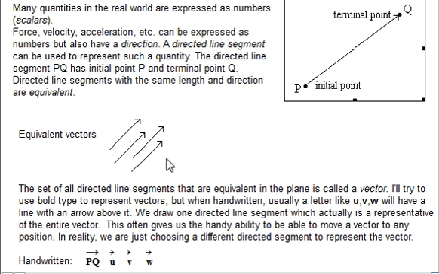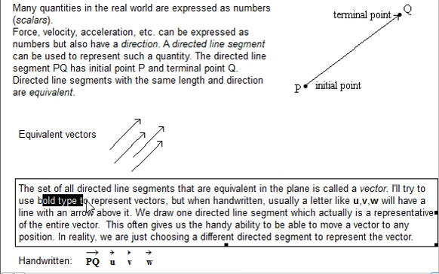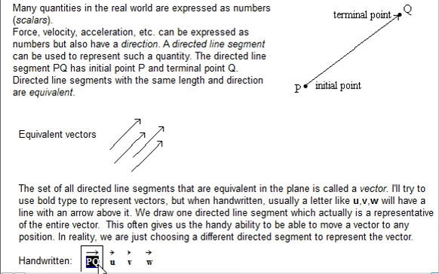Each of these is a representative of that vector, but any vector can represent the vector, and we use the one that's most convenient. So I'll try to use bold type when we get to it to represent vectors, but when I'm handwriting it, usually it's hard to do the bold typing like this. So we'll have a line with an arrow above it like this, right?